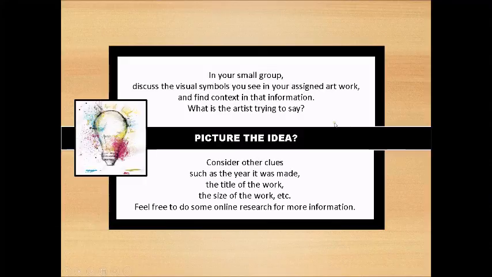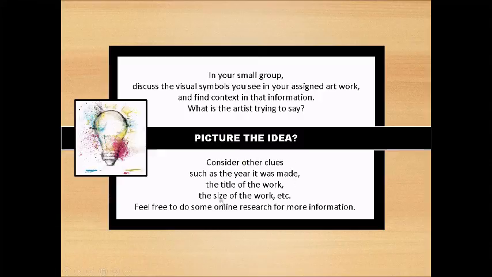The students in class will be working in small groups to do this. You're going to have to do it on your own. There is an image on the next slide that I want you to carefully look at. I want you to look for these things that are listed on this slide. Ultimately, you're trying to decide what the artist is trying to say, and consider the visual symbols in it.